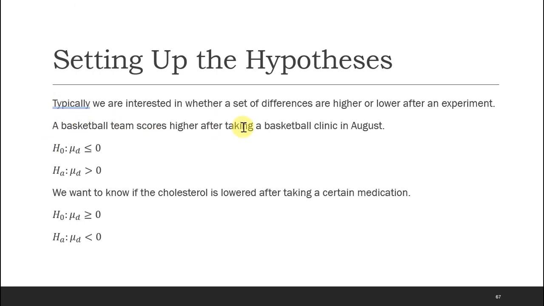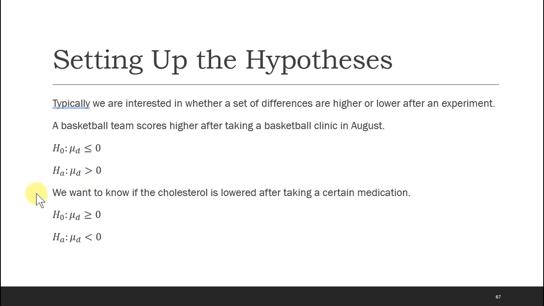So just to give you some ideas of how this might look. A basketball team scores higher after taking a basketball clinic in August. If you're trying to test for this, then if they're scoring higher, the differences would be greater than 0, so they're scoring more points. For my alternative, I'd want mu sub d to be greater than 0. And then just like always, you back into your h sub naught, your null.